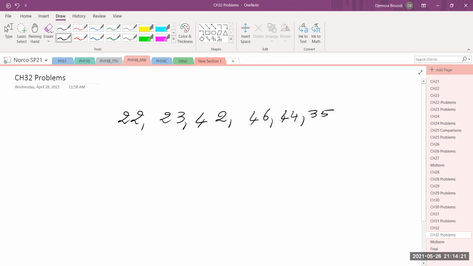And problems 51 and 52, which are really one problem, okay? And if you guys feel like it, maybe even problem 37. So these are a total of 9 problems from this chapter 32, okay?